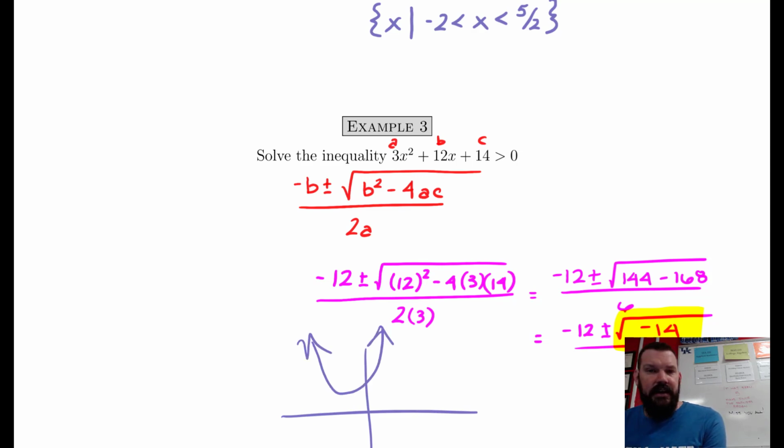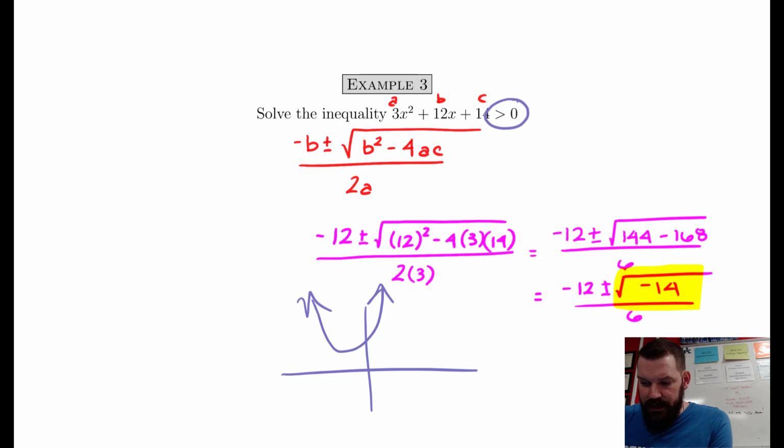So this graph is always above the x-axis, and we're looking for where it is strictly greater than 0. You could put x as an element of the reals, because it's all real numbers, negative infinity to positive infinity.